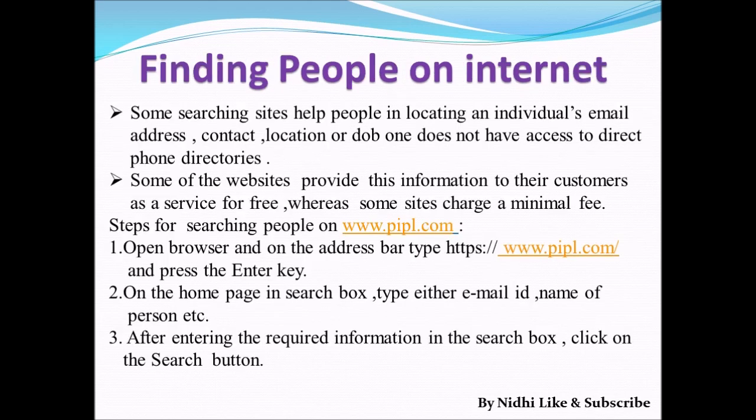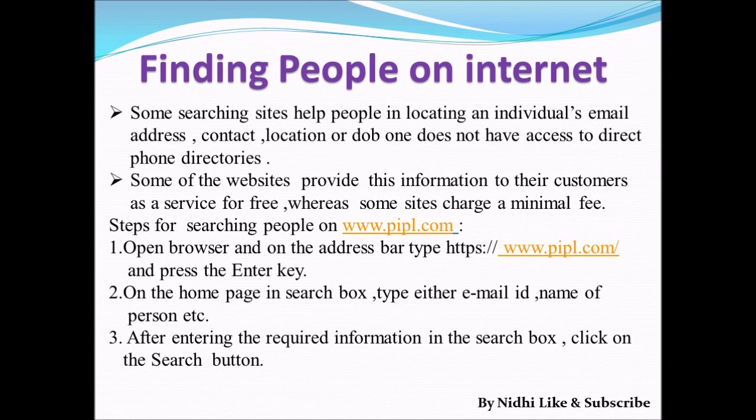Okay, so next is finding people on the internet. Some searching websites help people in locating an individual's email address, contact, location, date of birth. One does not have access to a direct phone directory, so we can search for people with the help of particular sites.